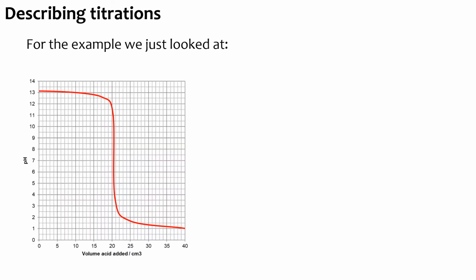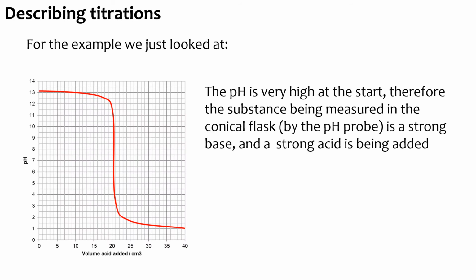So for the example we were just looking at, the pH is very high at the start. Therefore, the substance being measured in the conical flask that has the pH probe in it is a strong base, and a strong acid is being added because it ends up being acidic. So we're starting off with a base and we're ending up with an acid.